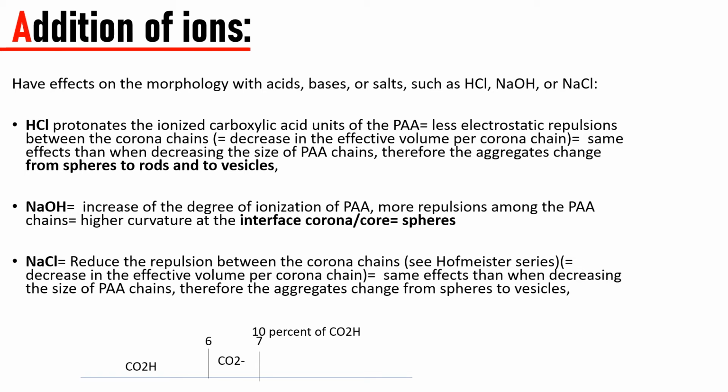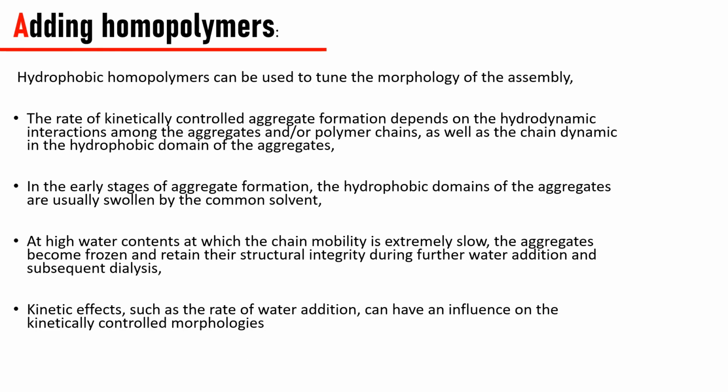By employing NaOH, it increases the degree of ionization of polyacrylic acid, leading to more repulsion among the polyacrylic acid chains and a higher curvature at the corona-core interface, leading to the formation of spheres. The addition of homopolymers increases the size of the nanoparticle.